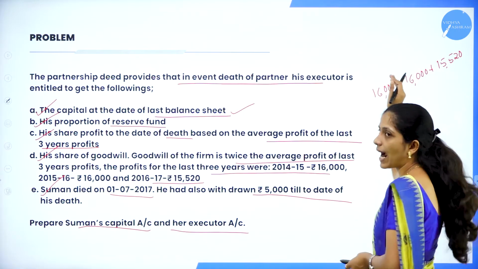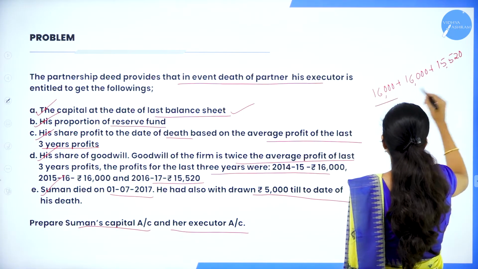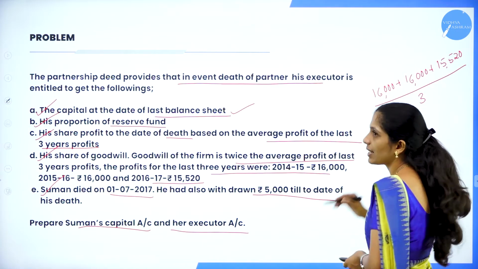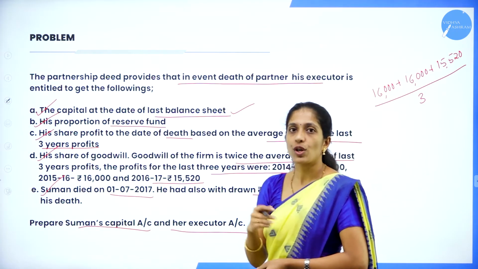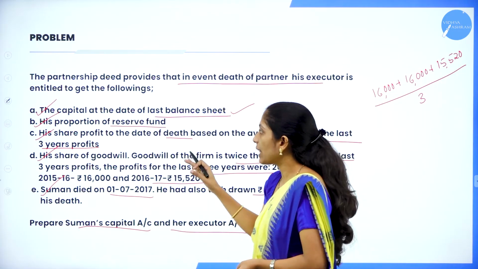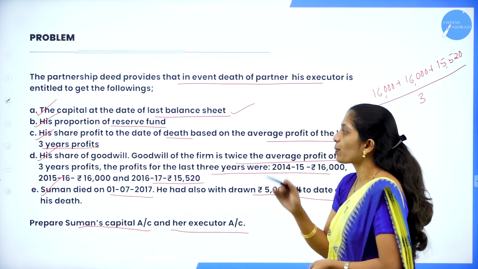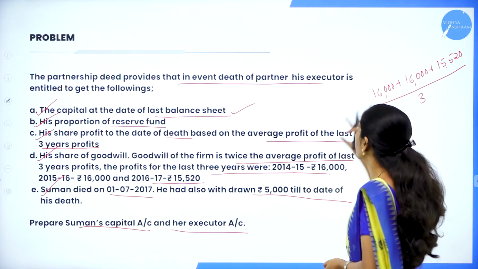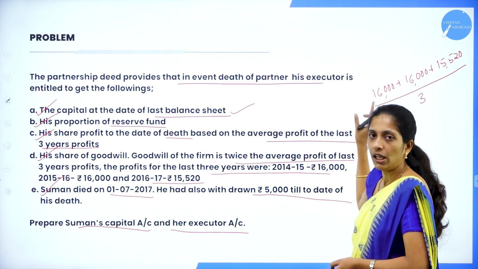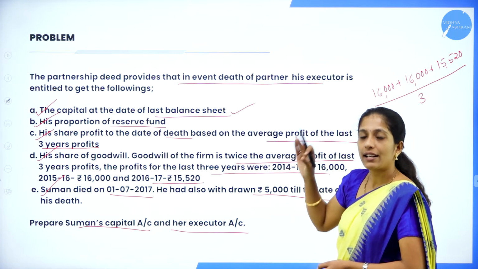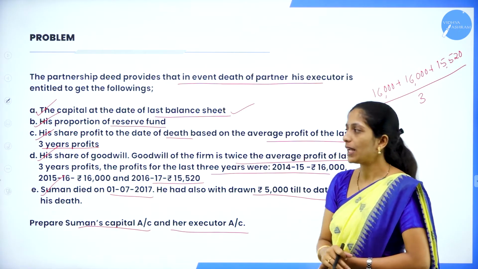So we have to add all these and we have to divide it with number of years, that is 3 years. So we'll get the average profit, and her share of profit has to be given.